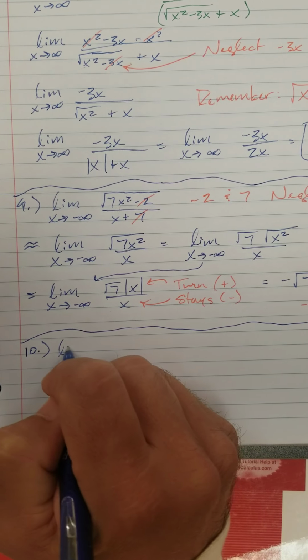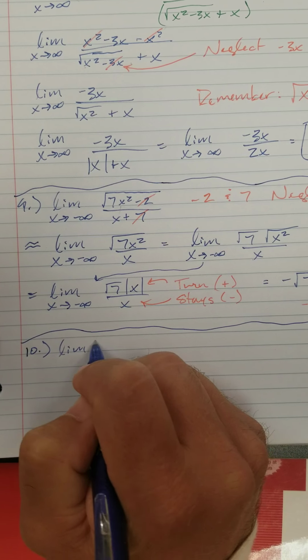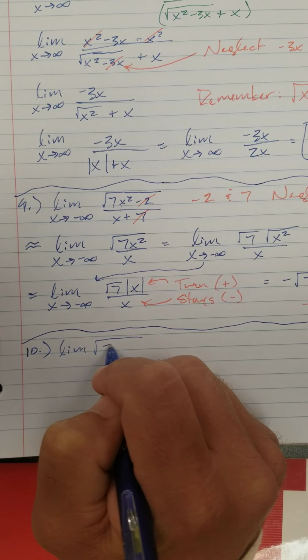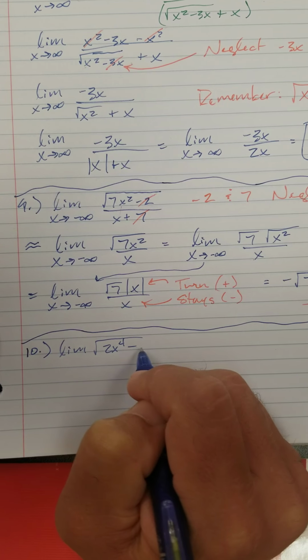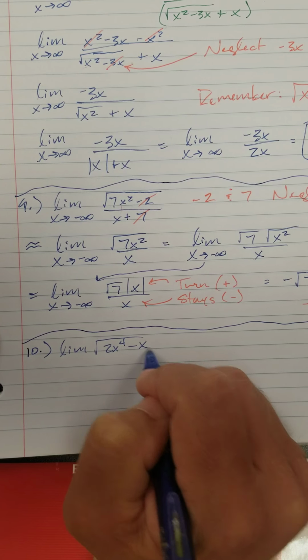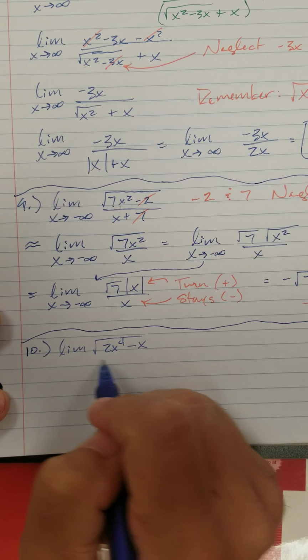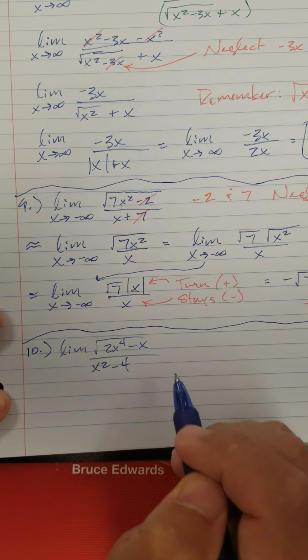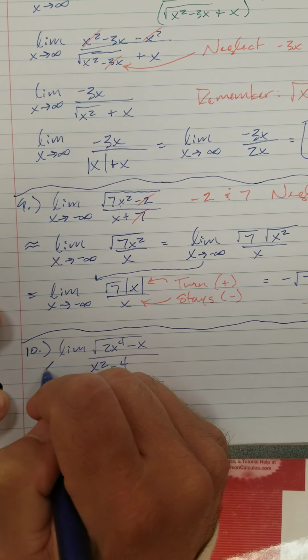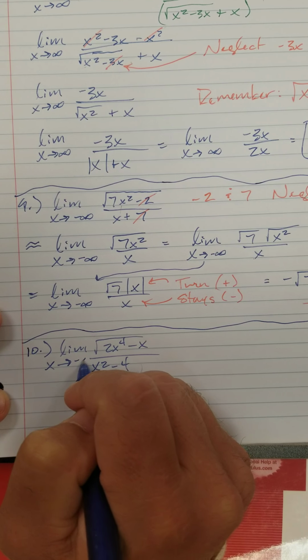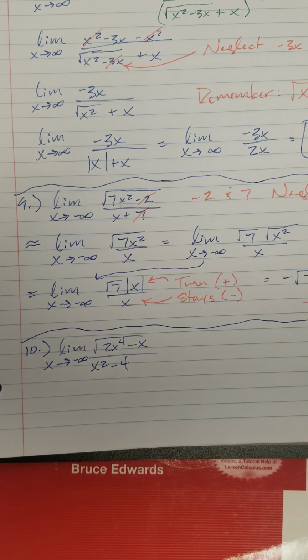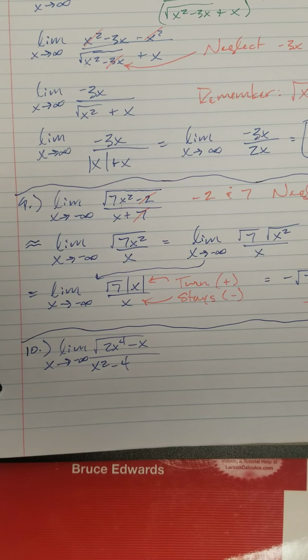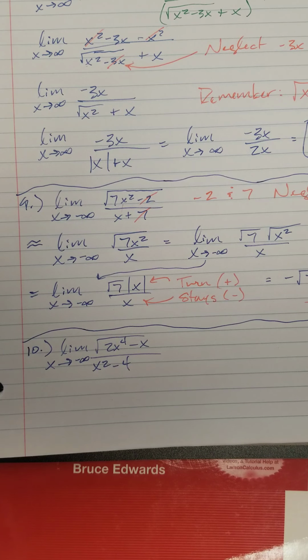Let's see, we have the limit of the square root of 2x to the 4th minus x over x squared minus 4, as x approaches negative infinity. Okay.